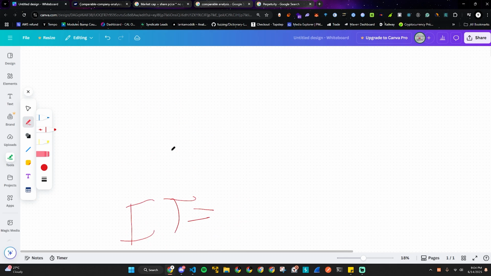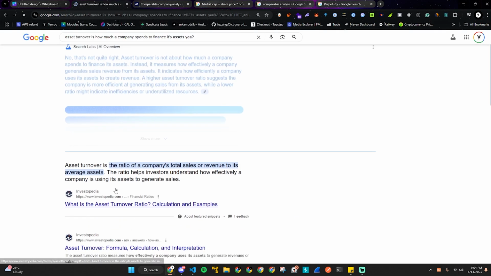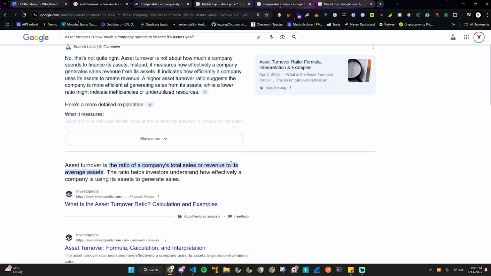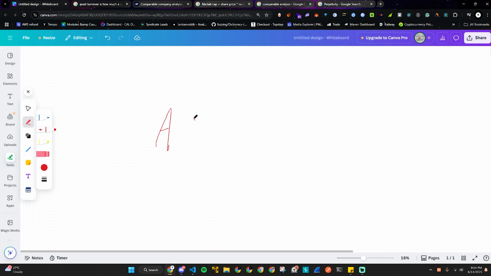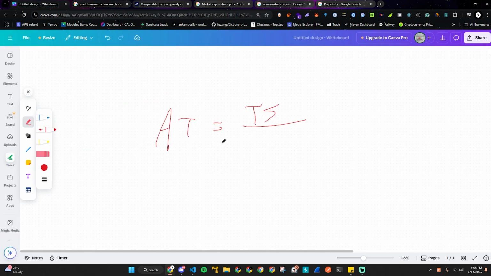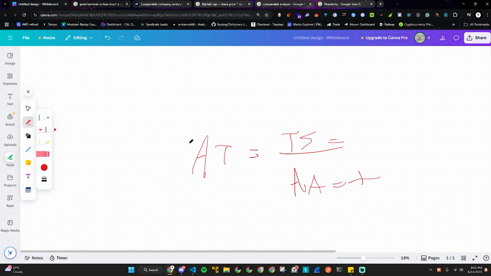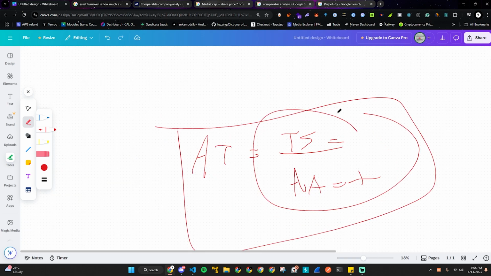Okay, asset turnover is a little different. So let me show you guys asset turnover. It's a ratio of the company's total sales or revenue to its average assets. So asset turnover is the company's total sales over average assets. Assets are of course something that makes them money, and how much they totally made from those assets, with everything combined.